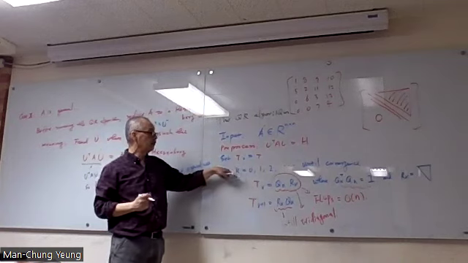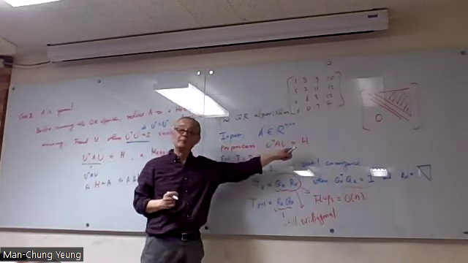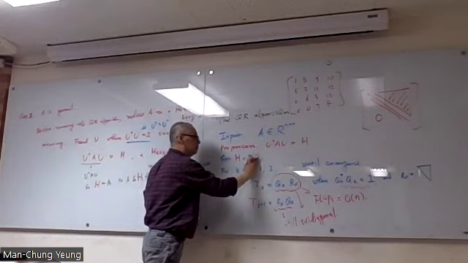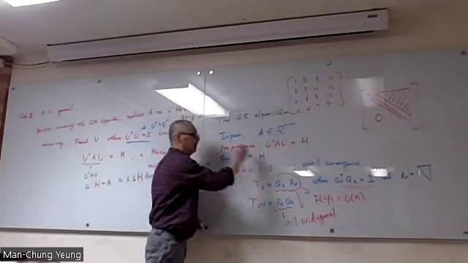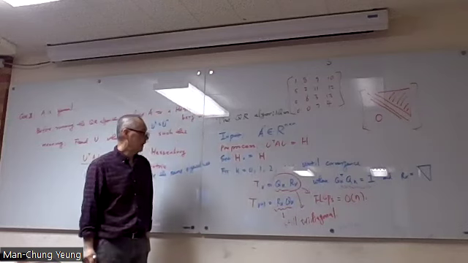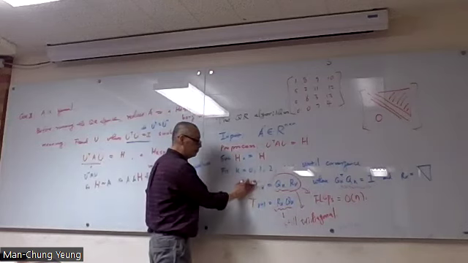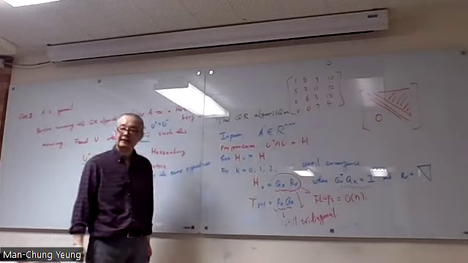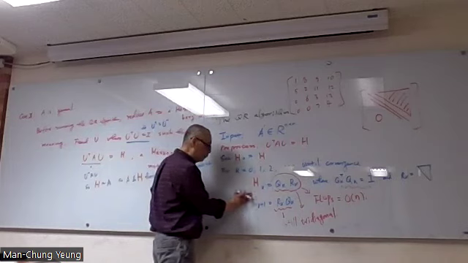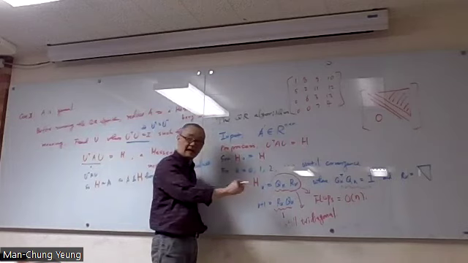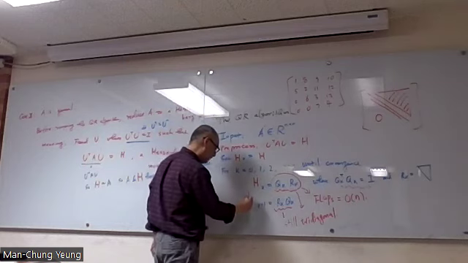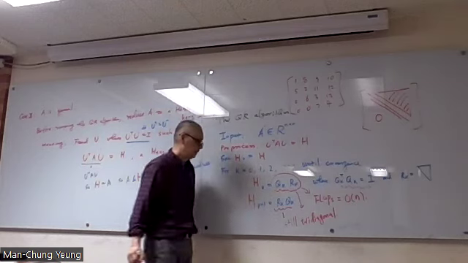Now apply the QR algorithm. Set H0 to be H. Now perform QR factorization on Hk, then reversely multiply Q and R to get Hk plus 1.